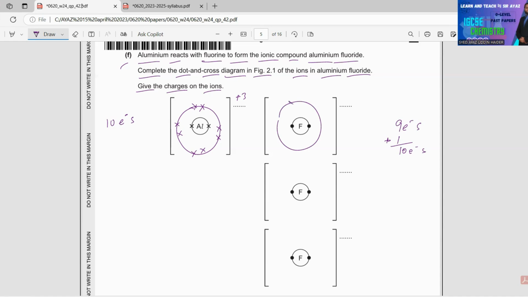So I will use cross for this 1 electron. Now show these 7 valence electrons of fluorine. 1, 2, 3, 4, 5, 6, 7. And it will carry minus charge. In the same way, you're going to show the valence electron for the other fluorine atoms along with the charges.